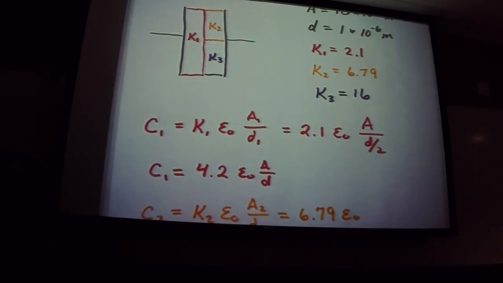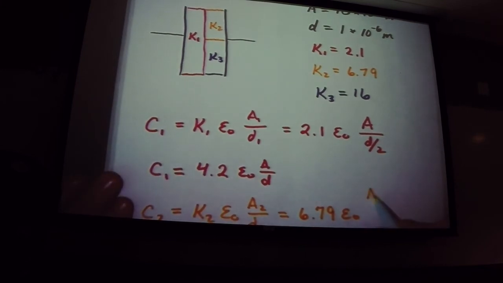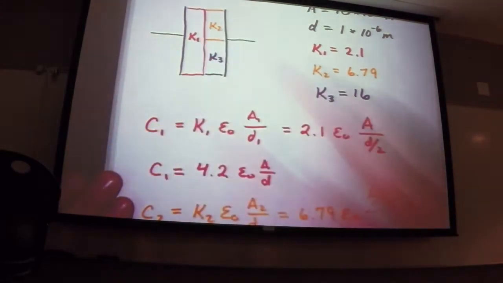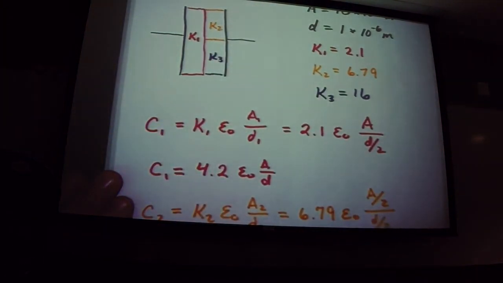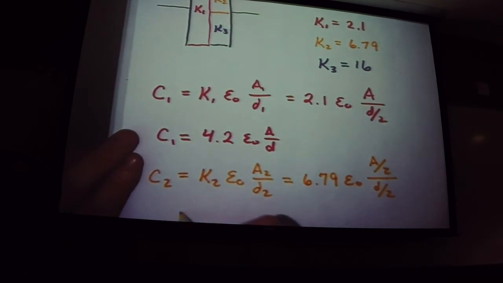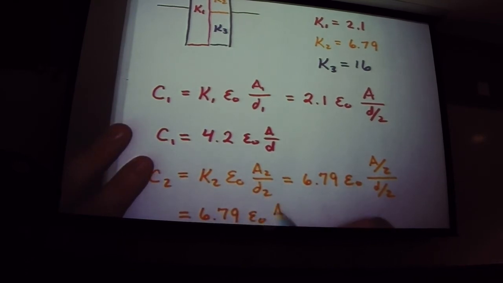It's half. What about the distance? It's also half. So those things cancel out, and I get 6.79 epsilon naught A over D.